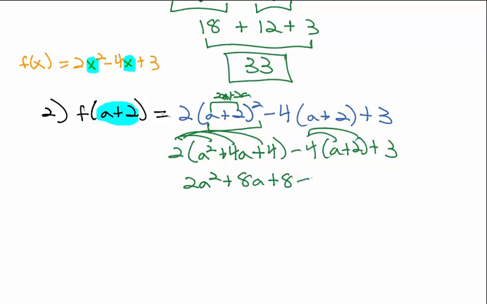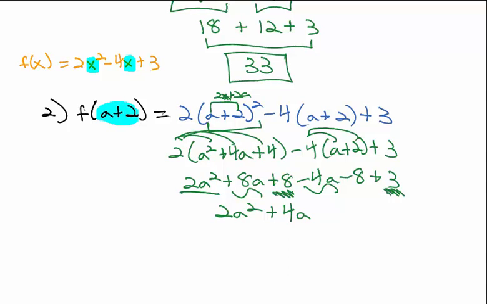More distributing, negative 4a minus 8 plus 3. Combine like terms, there's only 2a squared. 8a minus 4a is 4a. 8 minus 8 plus 3 is a positive 3. And we have our final solution, 2a squared plus 4a plus 3.